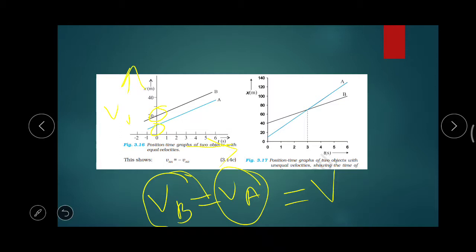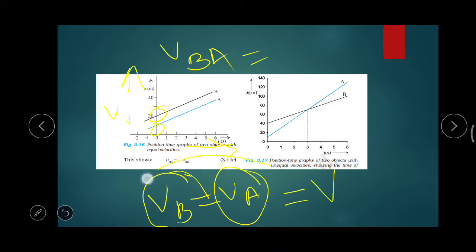So that is the first one. When VA is equal to VB, the position-time graphs of both the bodies will be parallel. And what about the relative velocity? Suppose you are finding the velocity VBA, that is VB minus VA.